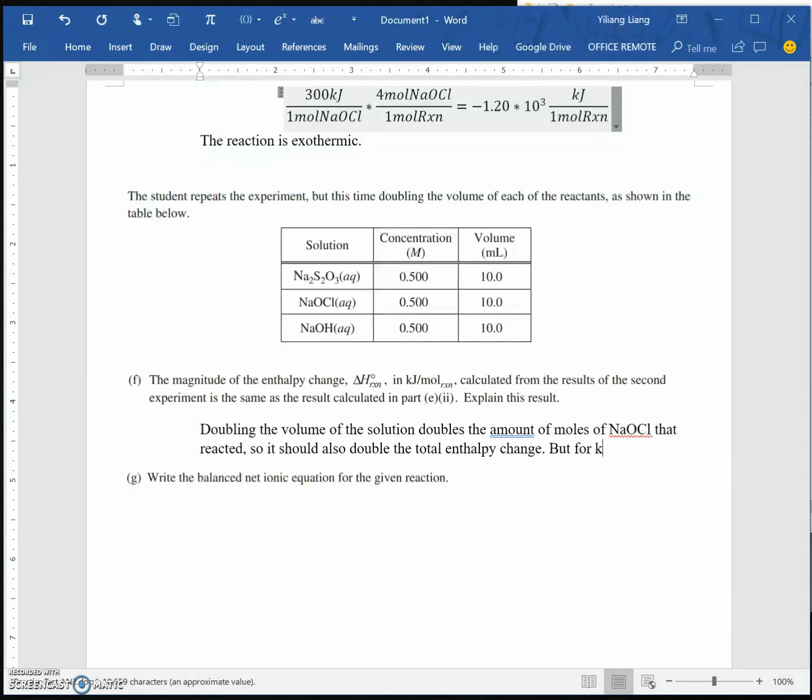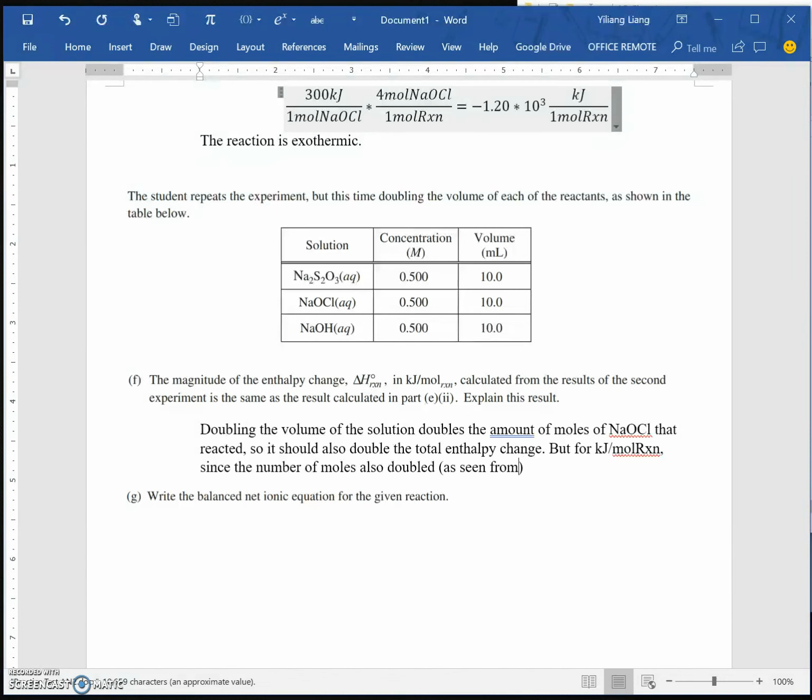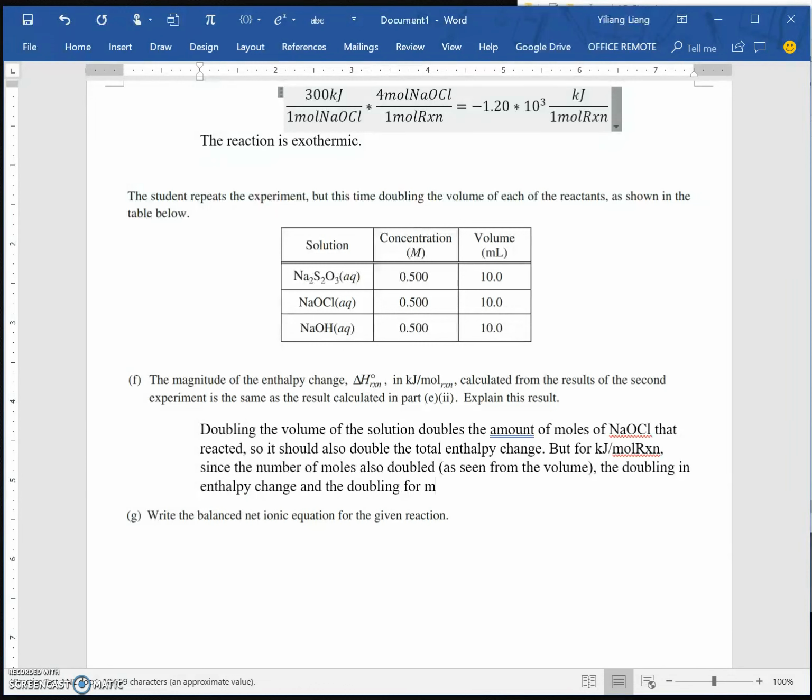But for kilojoules per mole of reaction, since the number of moles also doubled from the volume, the doubling in enthalpy change and the doubling for mole number will cancel out.